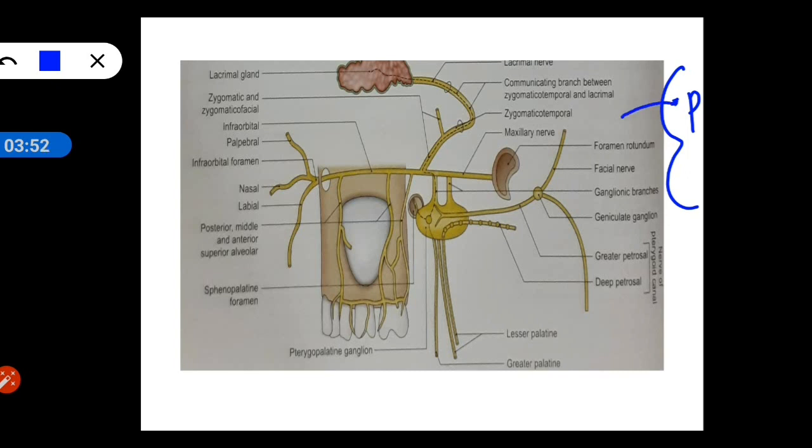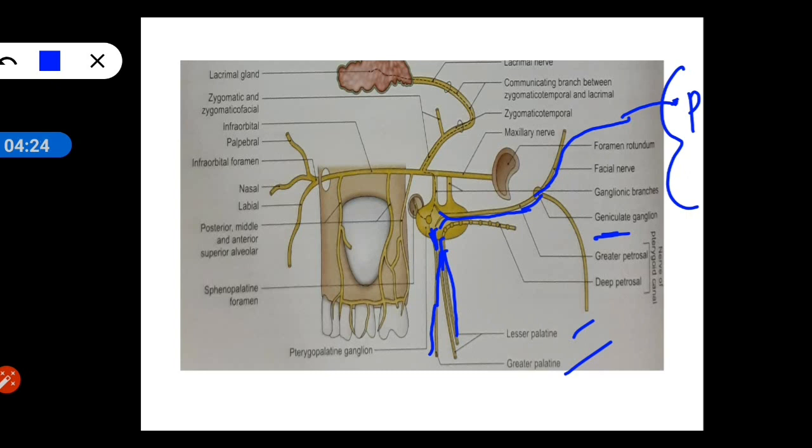They travel through the nervus intermedius of the facial nerve, reach the genu, and travel through the greater petrosal nerve. They travel through the nerve of the pterygoid canal, and relay in the pterygopalatine ganglion. The postganglionic fibers reach the soft palate via the greater palatine nerve and the lesser palatine nerve. So this is how the secretomotor fibers reach the soft palate.